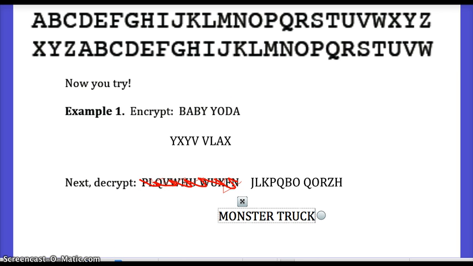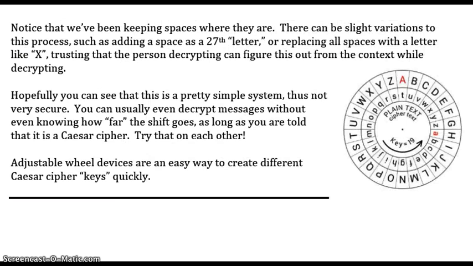Okay, great. So in this particular system, you keep spaces where they are. Other people or other books where you see the Caesar cipher, sometimes they call the space a 27th letter. And there's other ciphers we're going to do today or even next time that do count spaces as part of the code to be encrypted.